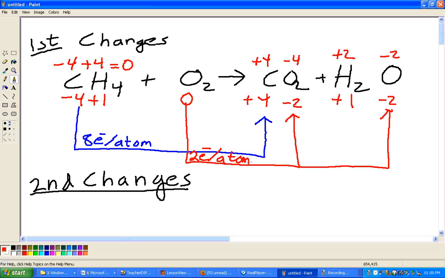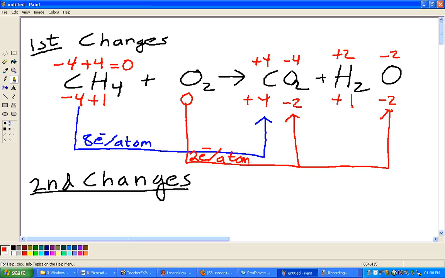It turns out that the carbon is losing, the oxygen is gaining. That means that the oxygen is being reduced and the carbon is being oxidized. And that's kind of where they use the words, is the carbon's being forced to change by the oxygen.